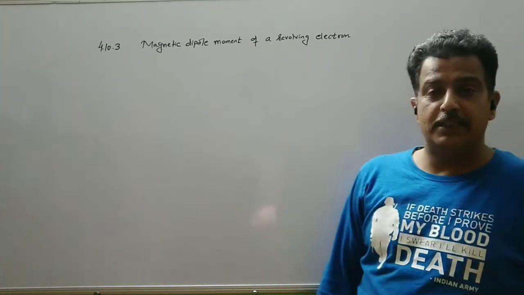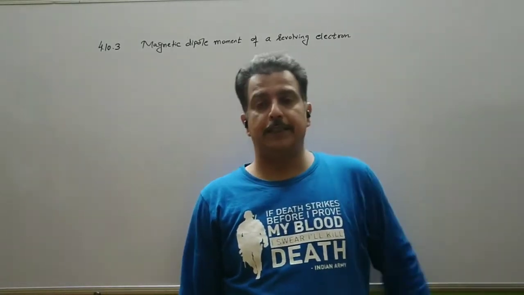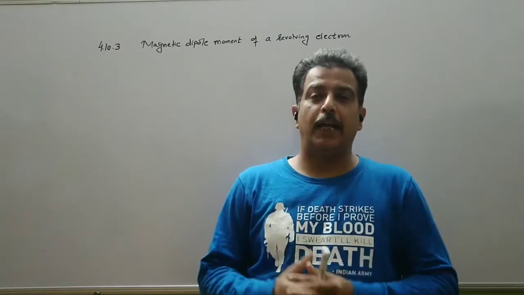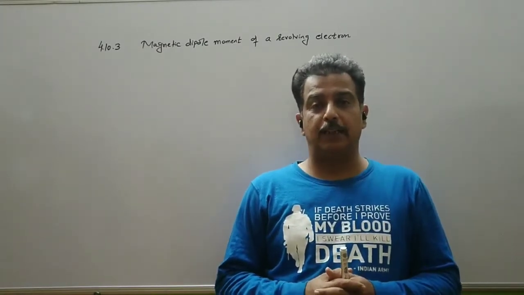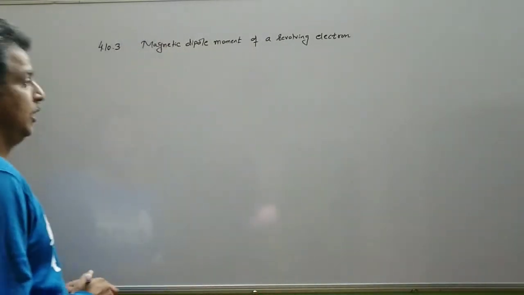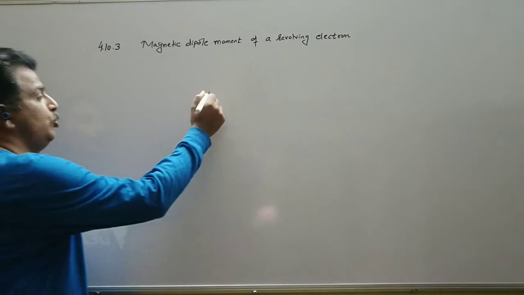electron. Now in the chapter atoms we have studied about the Bohr theory, and Bohr gave a hypothesis. So let us start with a hydrogen atom in which an electron is revolving around a nucleus.